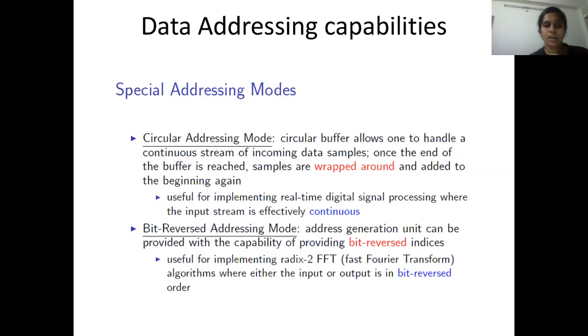Coming to the detailed explanation of circular addressing mode, there are three special hardware requirements: one is the pointer register, and the others are the start address register and the end address register.